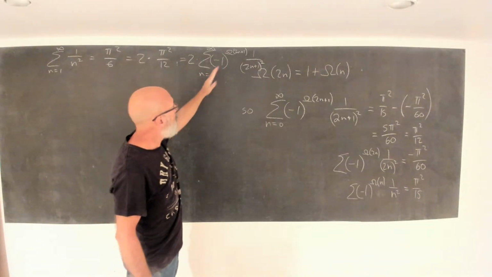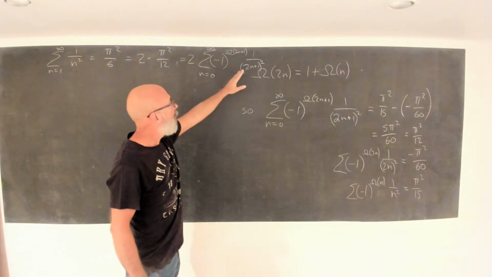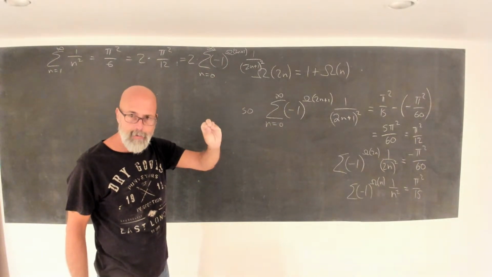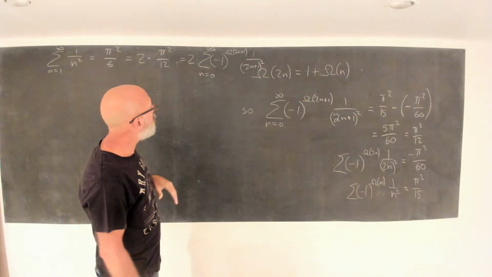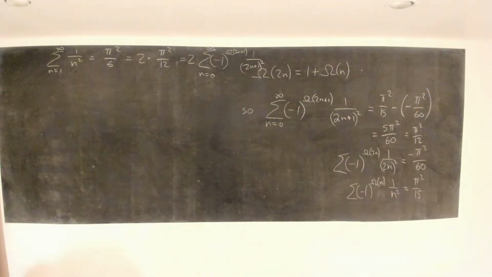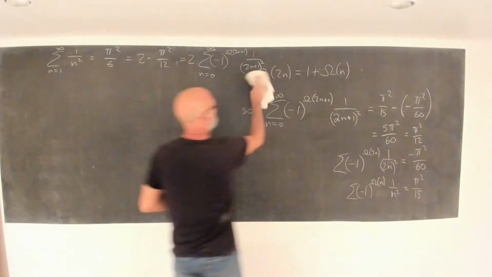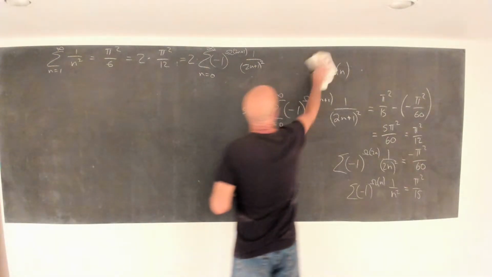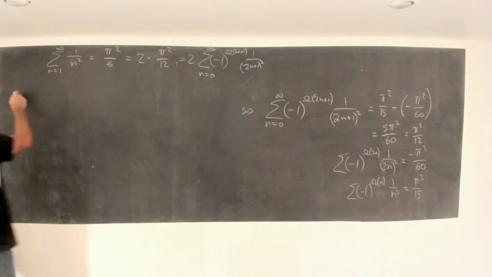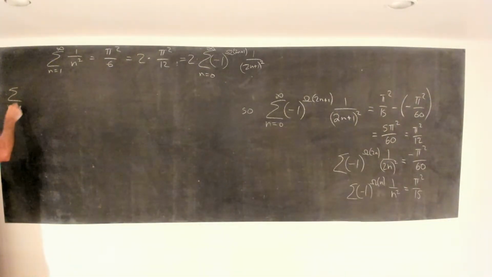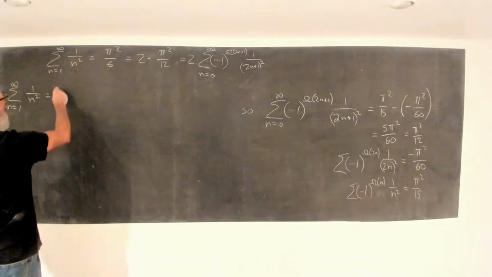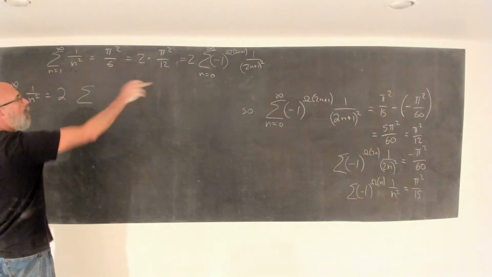So let's break this up into the positives and negatives. So we have the sum overall is twice the sum.